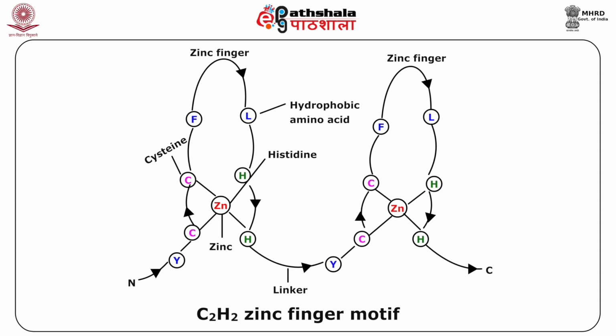These proteins contain 2 or more repeating zinc finger units. GAGA factor is the only protein that contains a single C2H2 finger. Xenopus TF3A, human transcription factor SP1, mouse ZIF268 are some examples of this class.